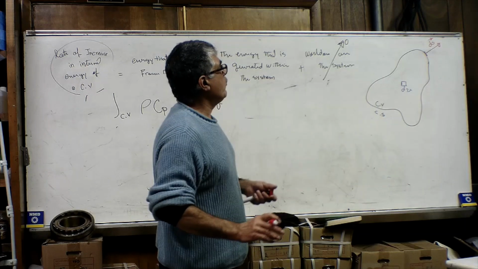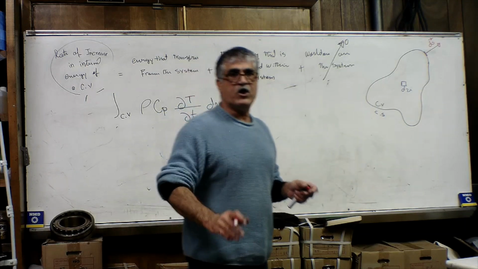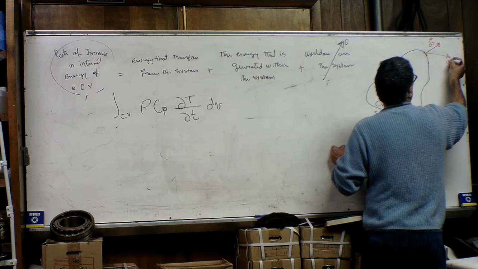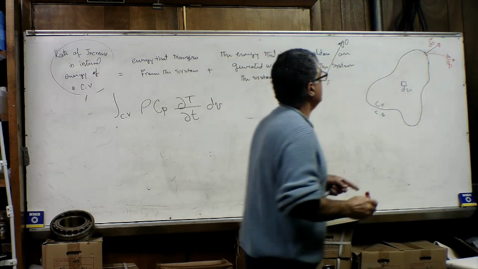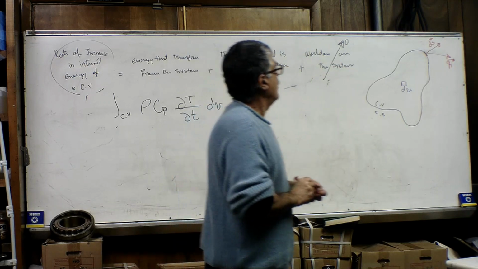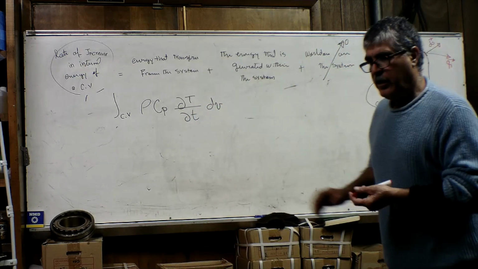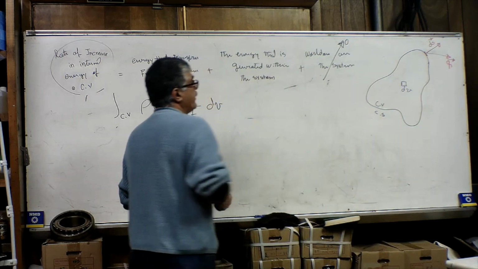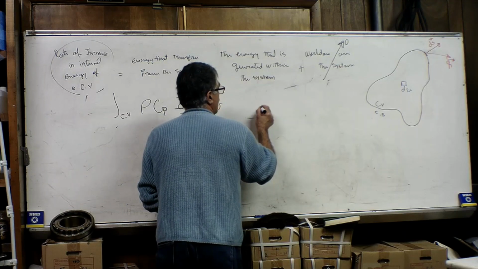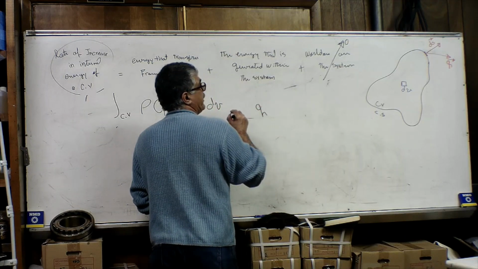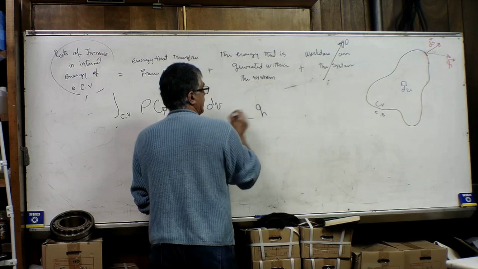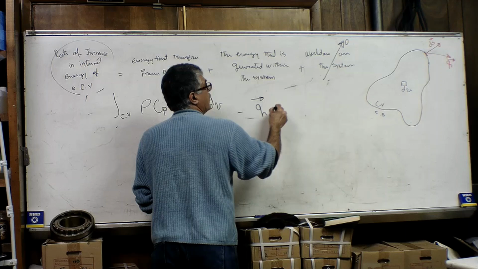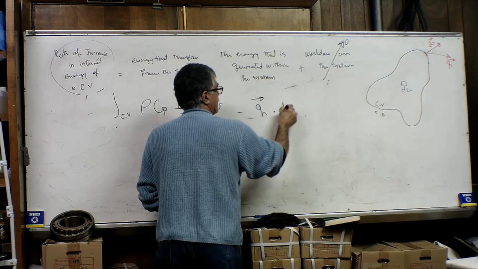And let's assume that the heat is leaving that differential surface in this direction, and we show the heat by vector Q. So the heat that leaves that differential surface, we can write it as minus Q dot dS.